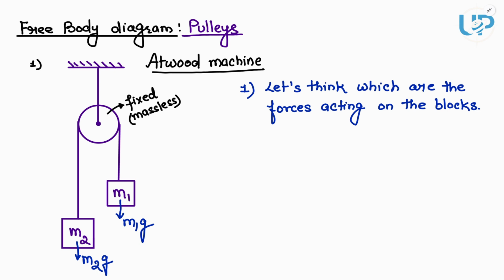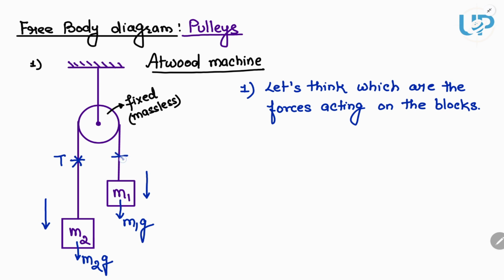Now, if we say that any one of the blocks is heavier, then it will try to pull the system on its side. So when it tries to pull the system on the heavier side, the lighter side will try to pull it down on the other side. M2 is trying to pull the system in left direction. M1 is trying to pull the system in rightward direction. That is why there will be a tension in the string.